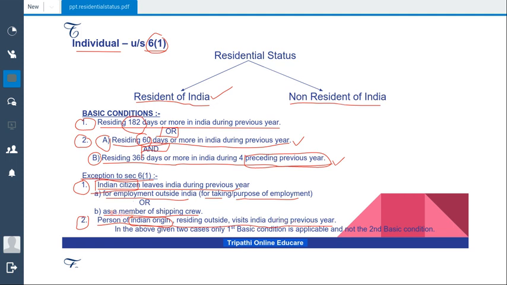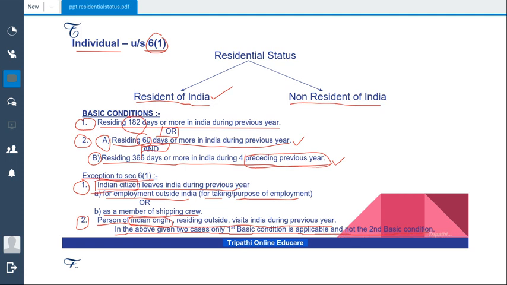Now in both the exceptions, they are talking about Indians. In the first exception, they are talking about an Indian citizen, and in the second exception, about a person of Indian origin. So if you are a foreign citizen, you will not fall in this exception. What will happen if you fall in this exception and you want to become resident of India? Then it is compulsory for you to fulfill the first basic condition.